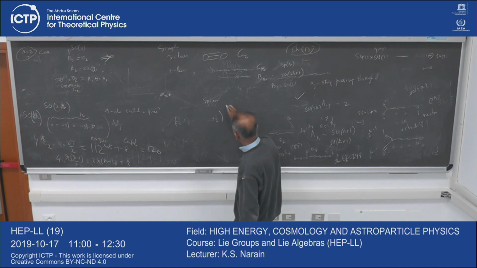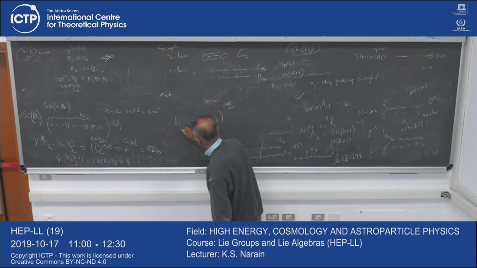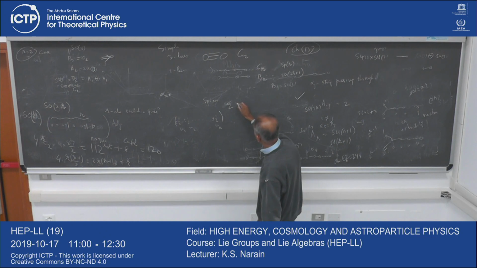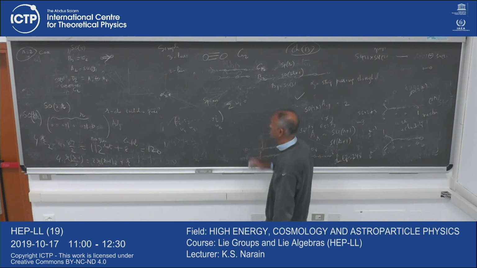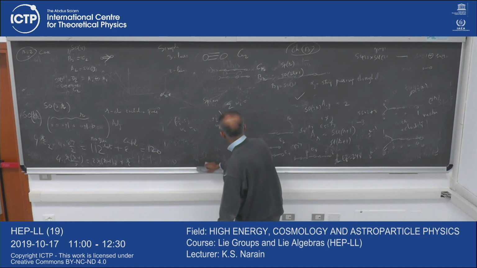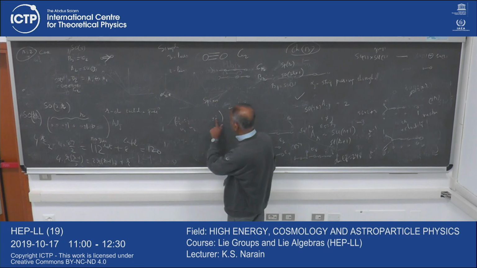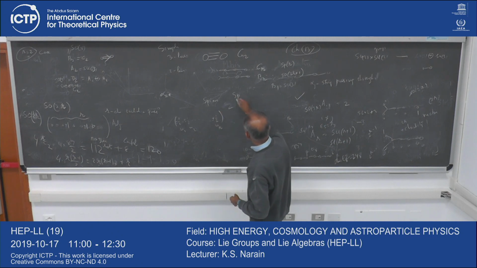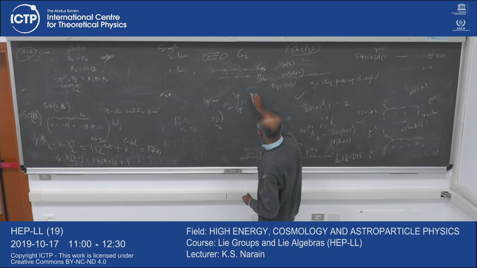For the spinor, you choose an even number of minus signs, and for the spinor prime, an odd number of minus signs. Let's call the weights W1, W2, up to WR.